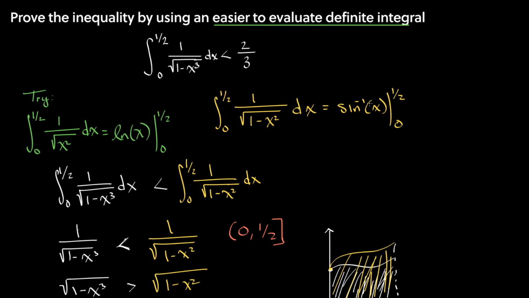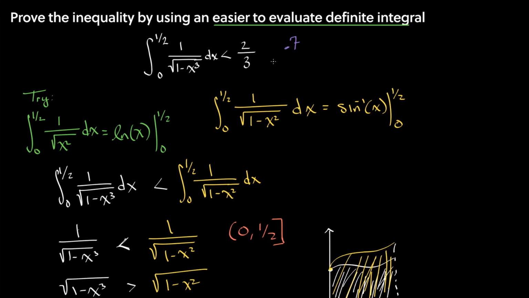Say we evaluated this definite integral and got something like 0.7, or any value greater than 2/3. Would that be enough to prove this inequality? No, it wouldn't be. Because if we get a value greater than 2/3, then technically this definite integral could take on values from 2/3 up until that value, and that would not prove this inequality.